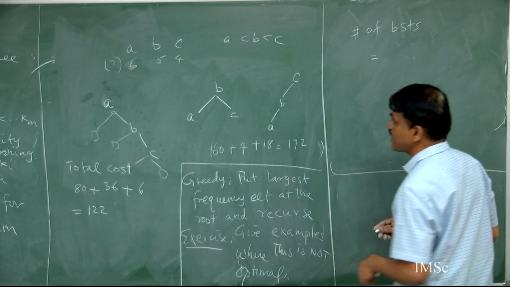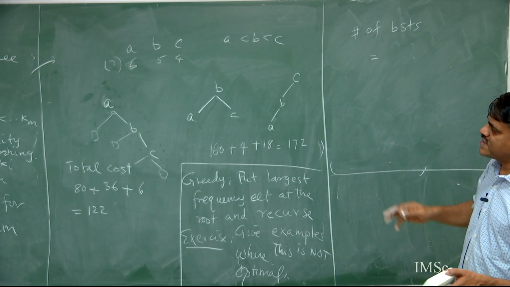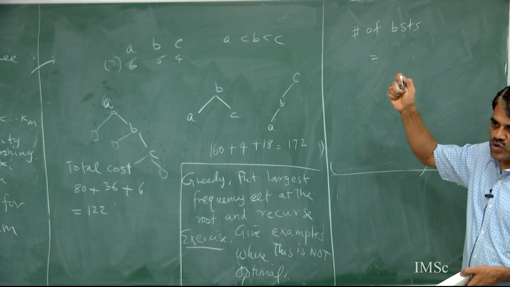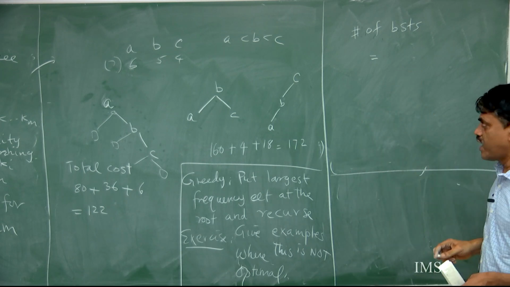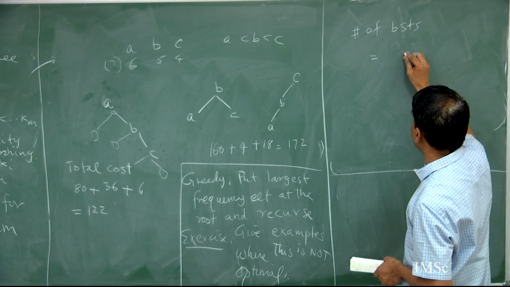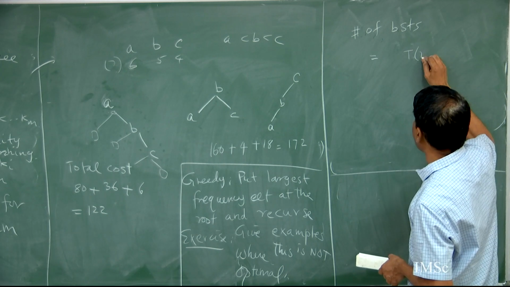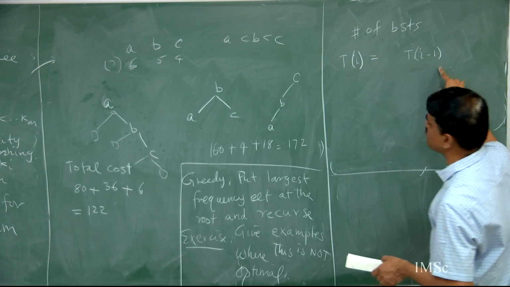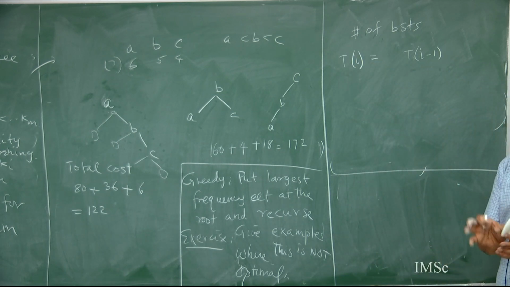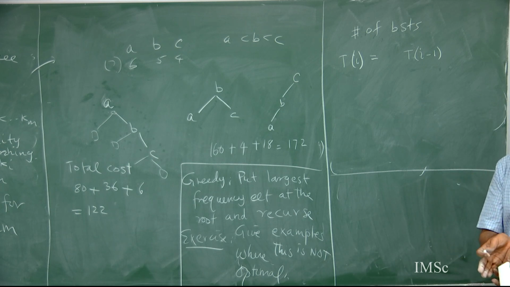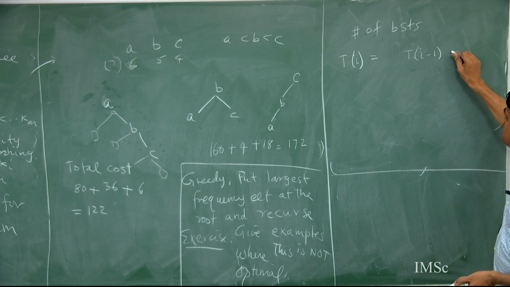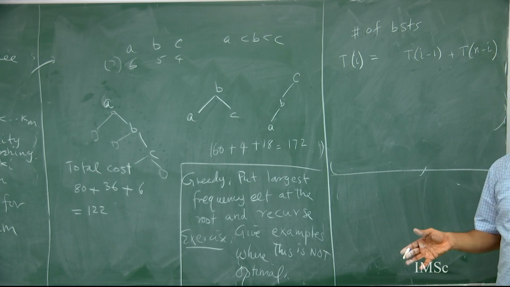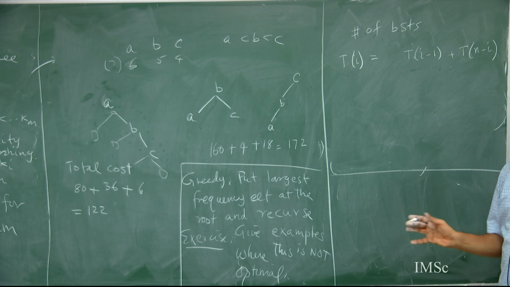Suppose the keys are k1, k2, up to kn. I pick ki as the root, then you have t of i minus 1, the number of trees on i minus 1 keys, plus t of n minus i, the number of trees on the remaining n minus i.